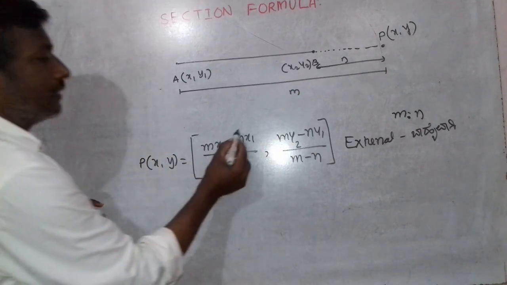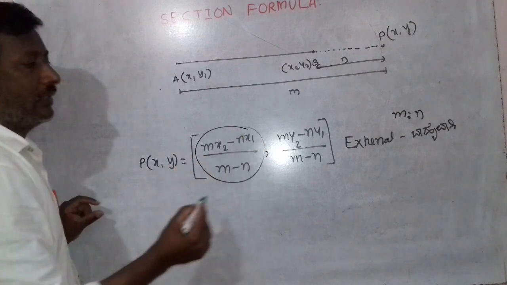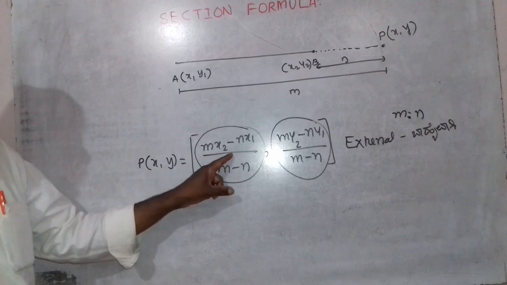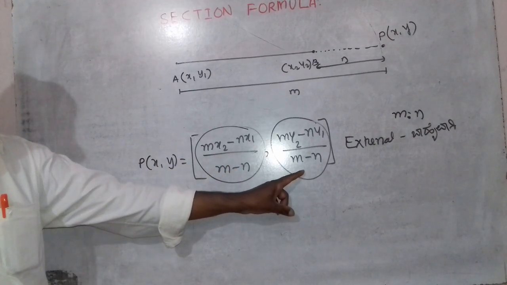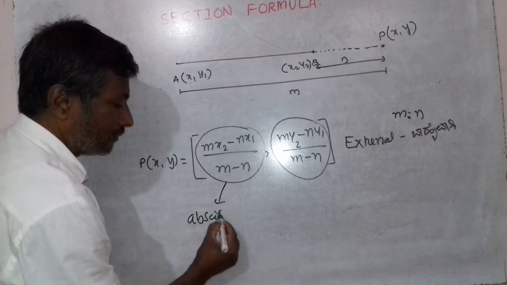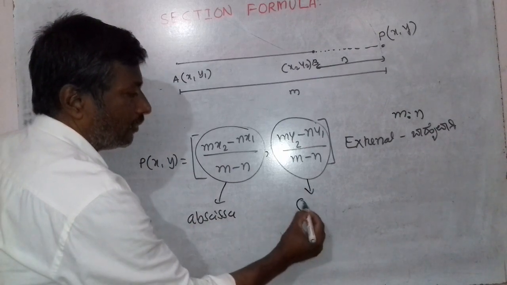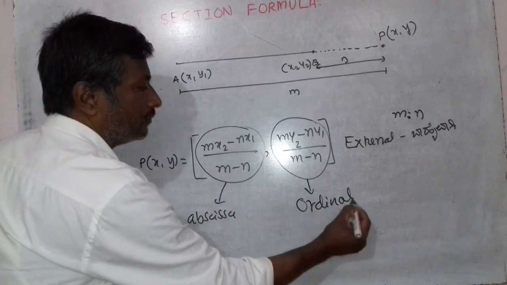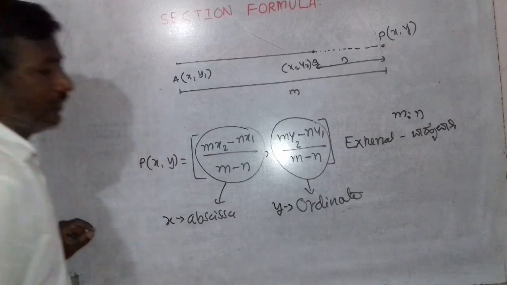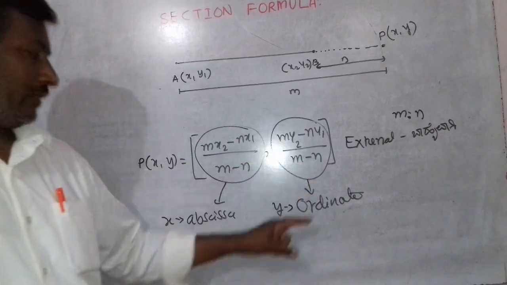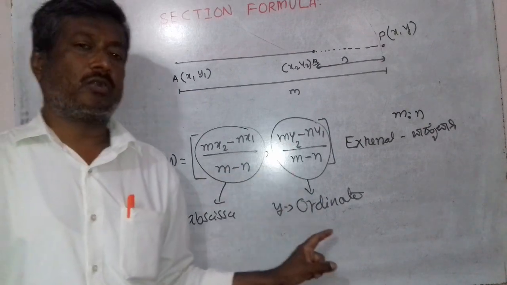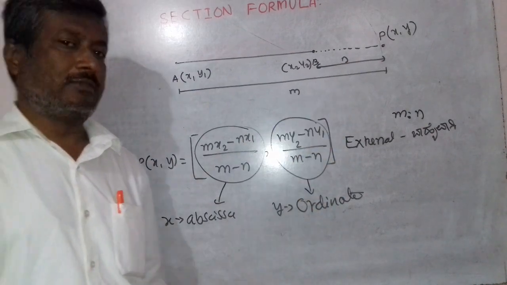Here this one is the abscissa, x, and this one is the ordinate, y.